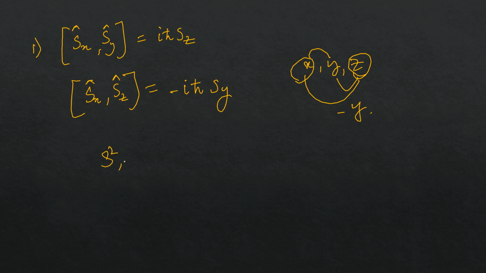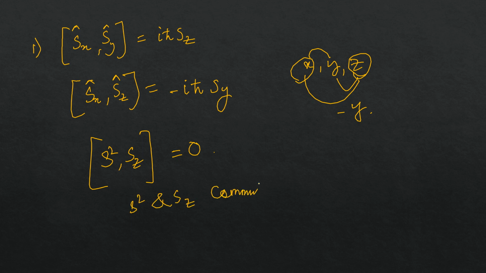Suppose the commutator of S square and Sz. How much will it be? It will be 0. That means S square and Sz commute with each other. Now, if S square acts upon |S, Ms>, if S is a spin, for example S is 1, what are the Ms values?